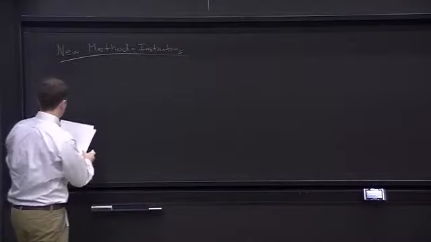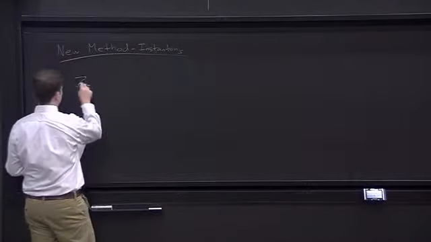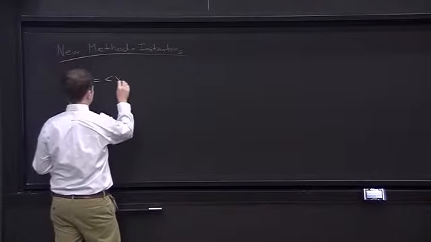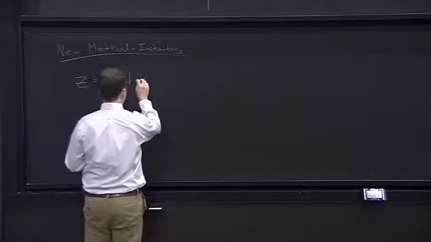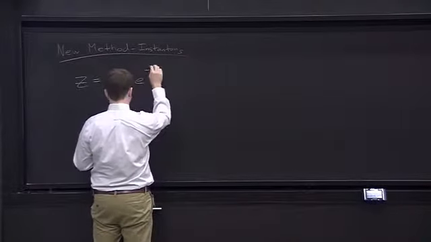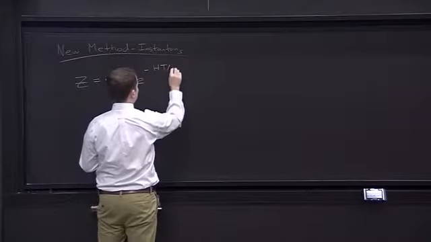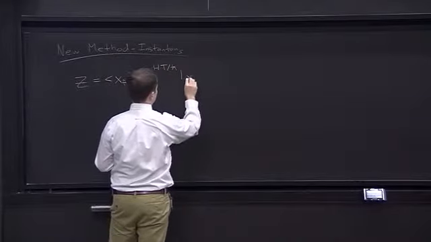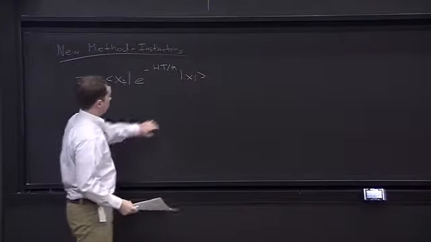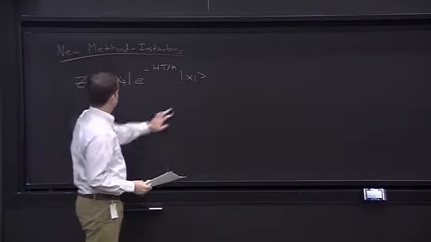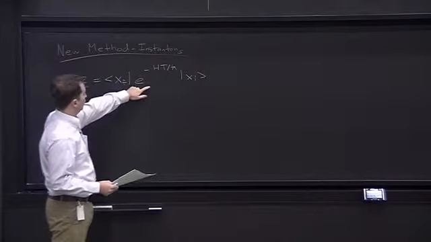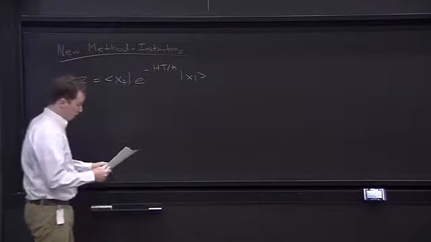What we're going to be studying is a Euclidean path integral. We're going to look at the transition amplitude from some initial position eigenstate to some final position, where the transition takes a Euclidean time, T.